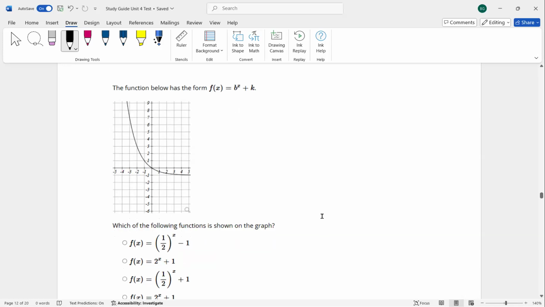As you can see, the given graph has an asymptote at y equals -1, 1 unit below the origin, right? So we know the mother function has a horizontal asymptote y equals 0.